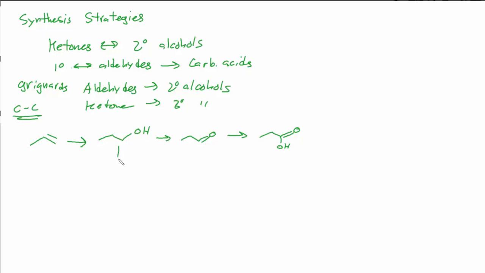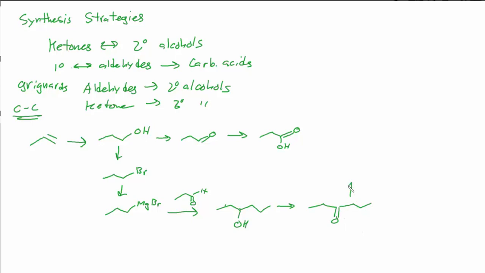We could also take that alcohol and turn it into an alkyl halide, and that alkyl halide can be converted into a Grignard. And we can react the Grignard with a ketone or aldehyde and come up with, let's see here, a secondary alcohol that can be oxidized to a ketone.